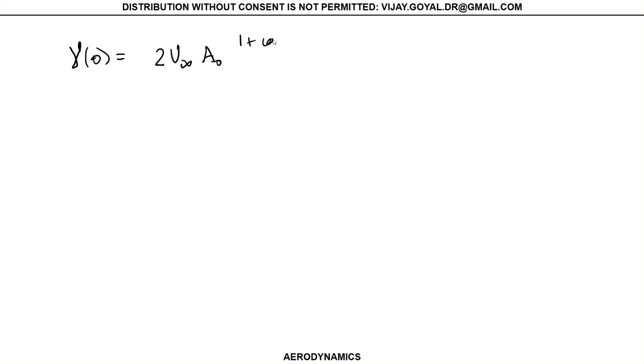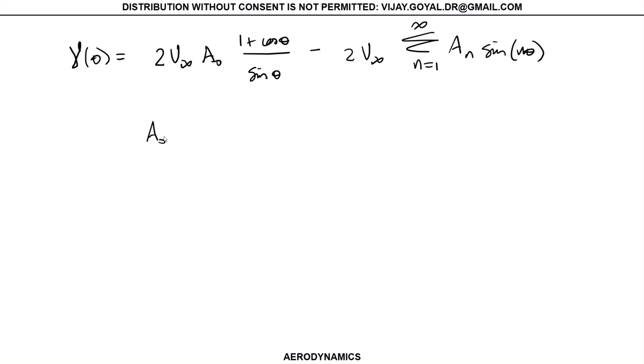This is 1 plus cosine of theta over sine of theta, minus 2 v infinite times the sum from n equal to 1 to infinity of a_n sine of n theta, and note that a sub 0 is equal to 1 over pi, integral from 0 to pi of partial of eta, partial of x of theta, d theta, minus alpha.